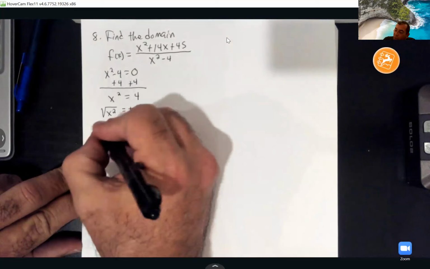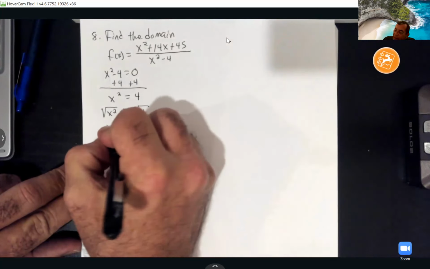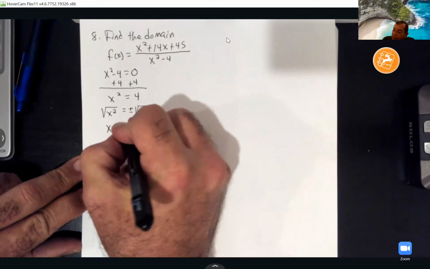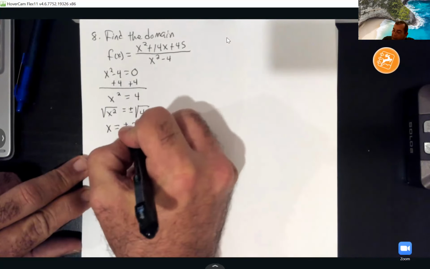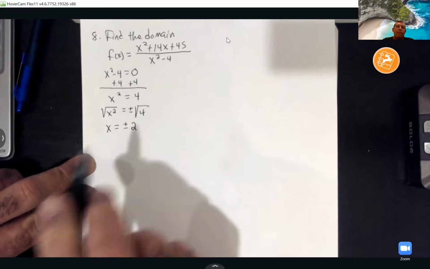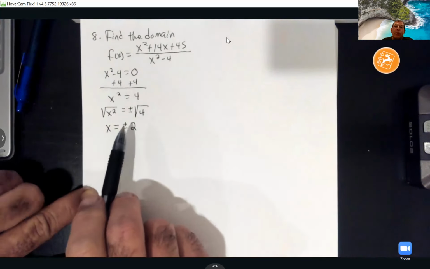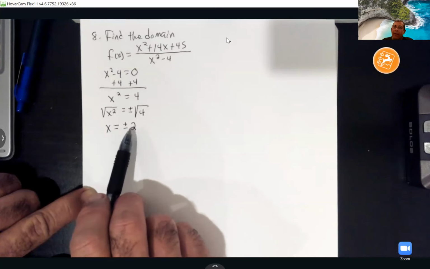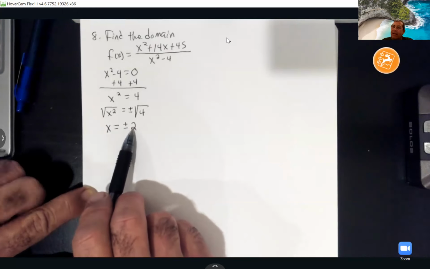So the square root of x squared will give us an x. Square root of 4 is going to give us a plus or minus 2. You gotta exclude both of these values from that domain, the positive 2 and the negative 2.